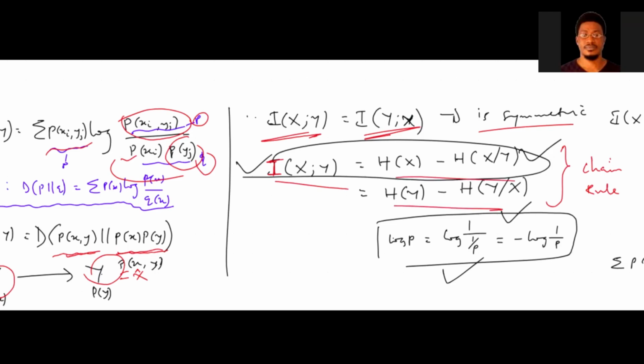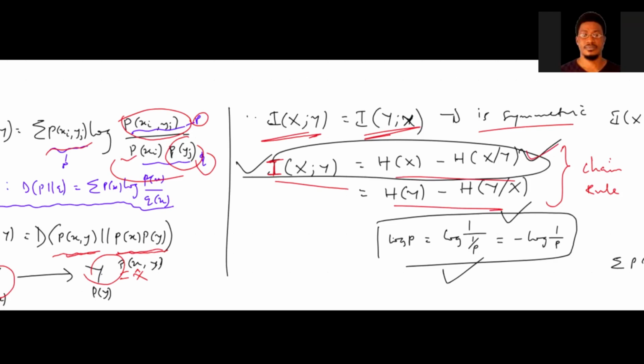Also, intuitively, we could derive this just the same way. So let's just play with one of these, then we move on to some other properties. Let's assume we want to play with this first one.